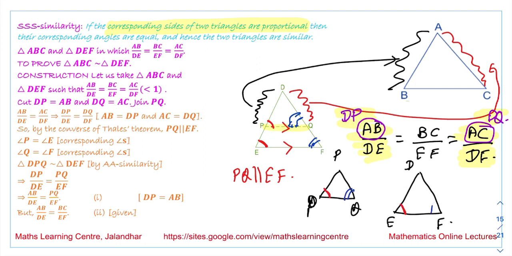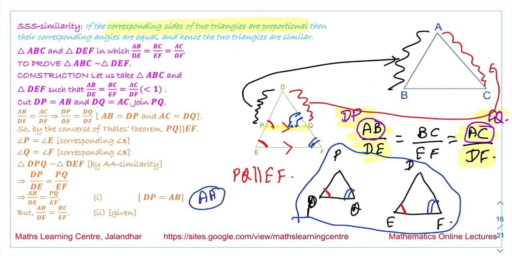The angle at Q and the angle at F are equal to each other. So combining these two results, by AA similarity, two angles are equal. It means that the triangle DPQ is similar to the triangle DEF. These two triangles are similar to each other.